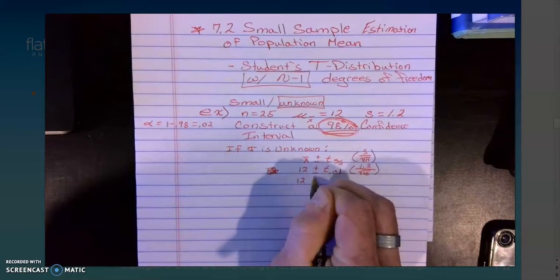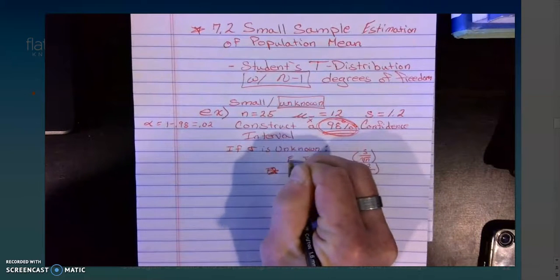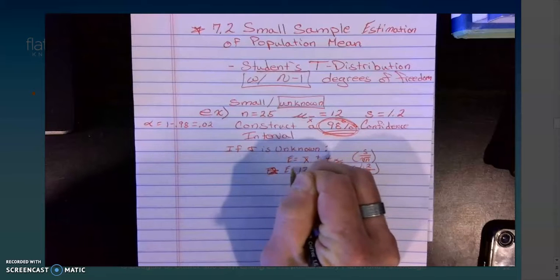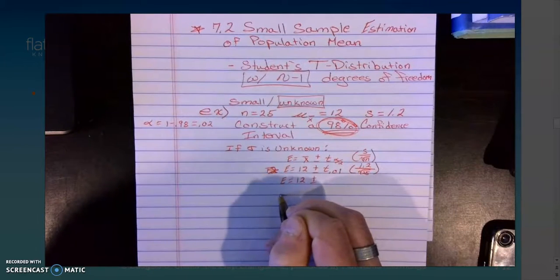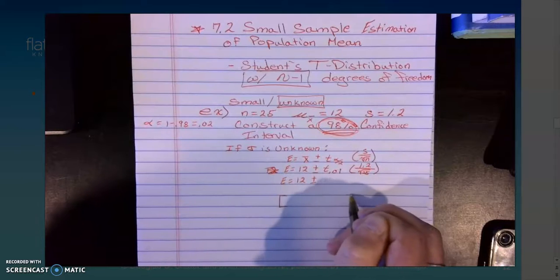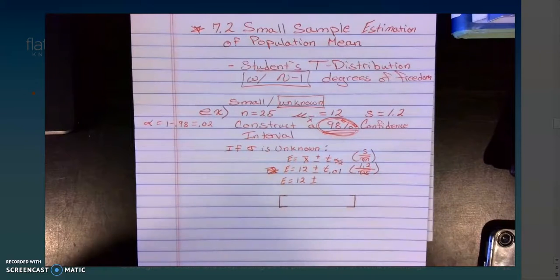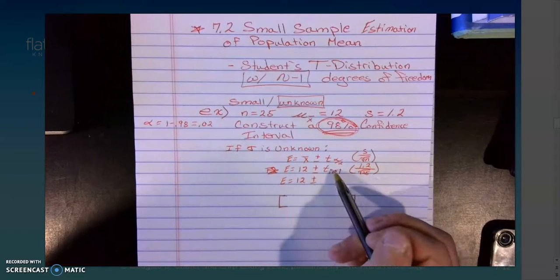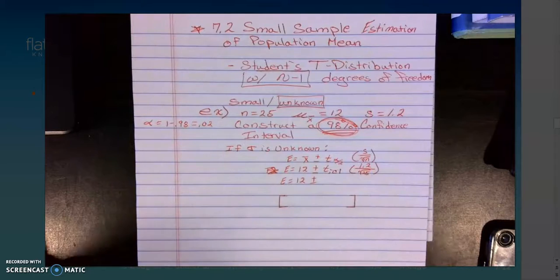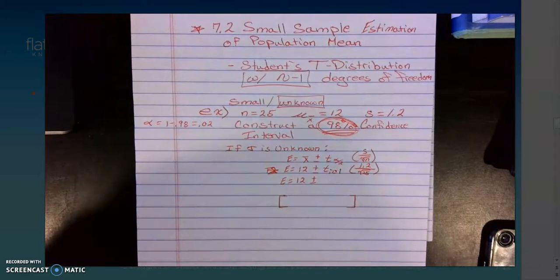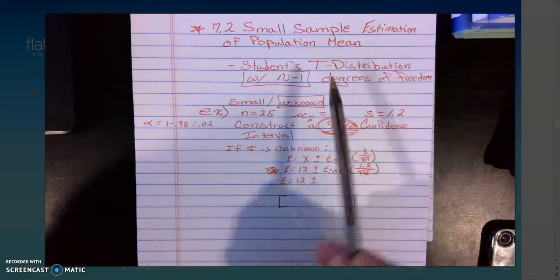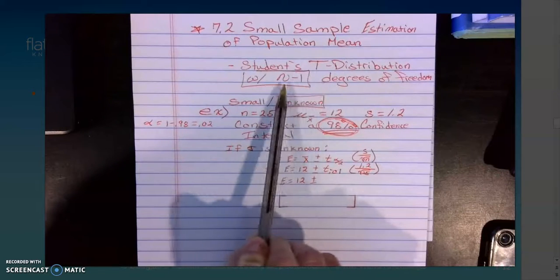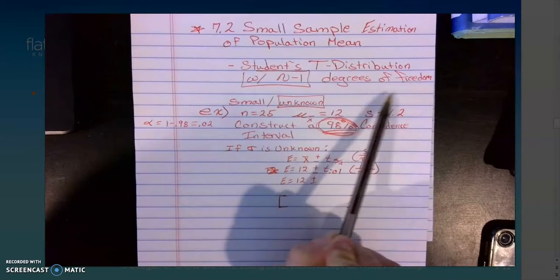In this next step, remember this is still the margin of error. Error is going to equal this calculation, and then we're going to figure out what our confidence interval will be. But right now we're going to go to that t-table, and then we'll come right back and fill this in. My apologies, but for a t-distribution, one other piece we need to cover is that you need to figure out what the degrees of freedom are.